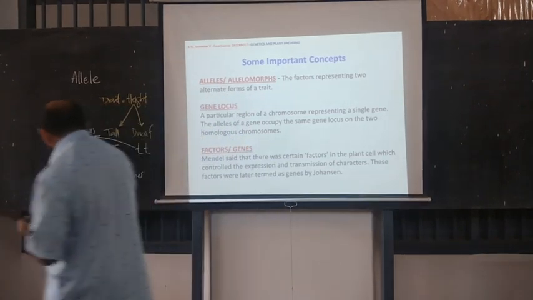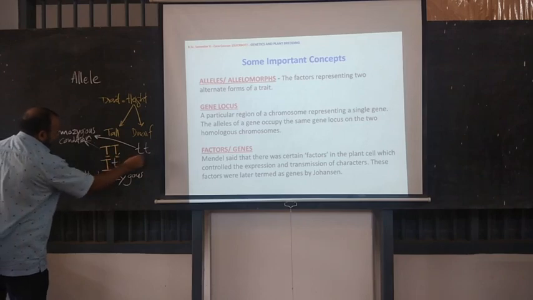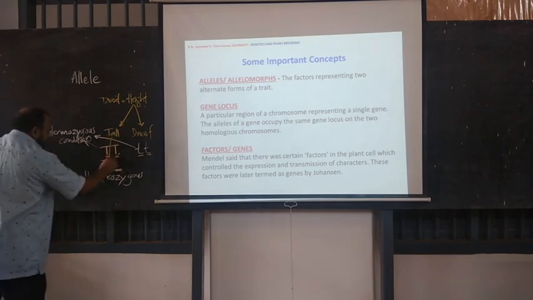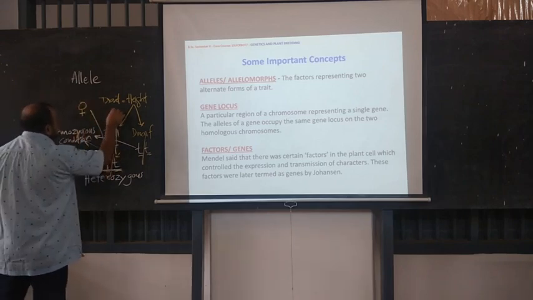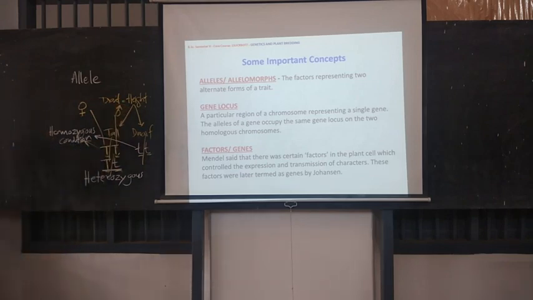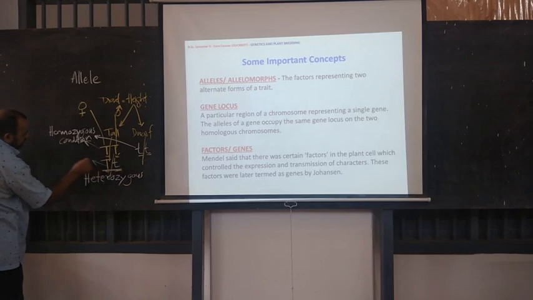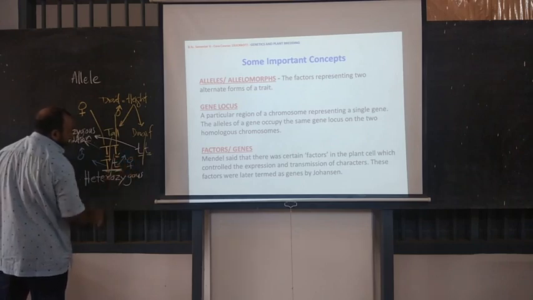So you will be now understanding how it is. I have written this capital T, small t, capital T, small t. So here, one allele is coming from the maternal side and the other is coming from the paternal side. Clear? Here also, one will be coming from the paternal side, the other from the maternal side.